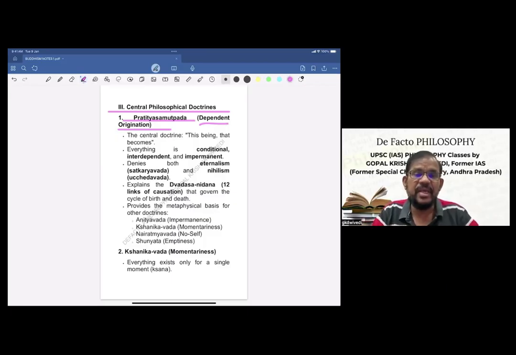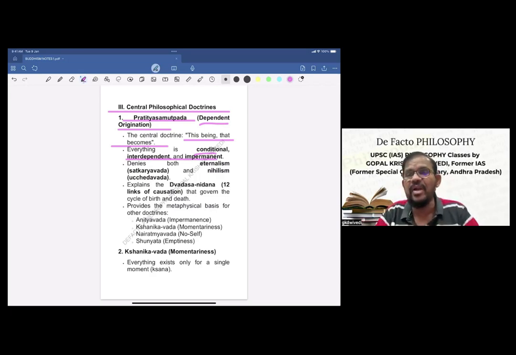The literal meaning of Pratyut Samutpad is: this being, that becomes. Everything is conditional, interdependent, and impermanent. The third point to understand is that it denies both eternalism, Satkaryavad, and nihilism, Uchchedavad.